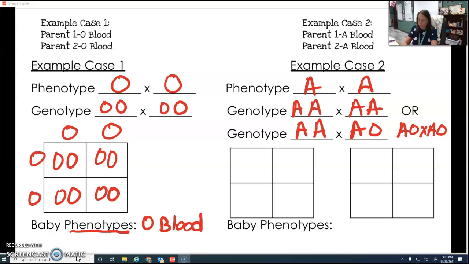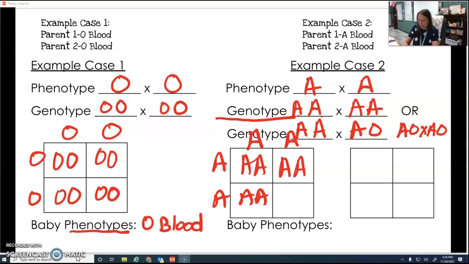So I'm going to start with this genotype option right here, and I'm going to put it right here on these boxes, which there's not a whole lot of room, so bear with me. So we've got the AA, so we're going to do an A on top and an A on top. And on the side, I would do an A and an A, so that's pretty easy. They're all going to be A's, right? So there we go.